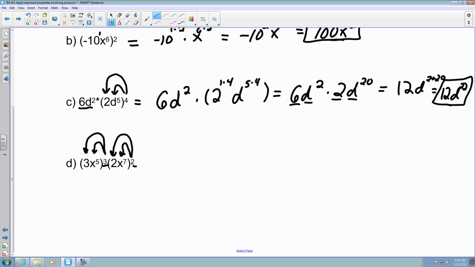So let's use the power of a product property initially to solve inside our parentheses. So now I have 3 to the first times 3 power multiplied by x to the 5 times 3. So I'll leave it like this.